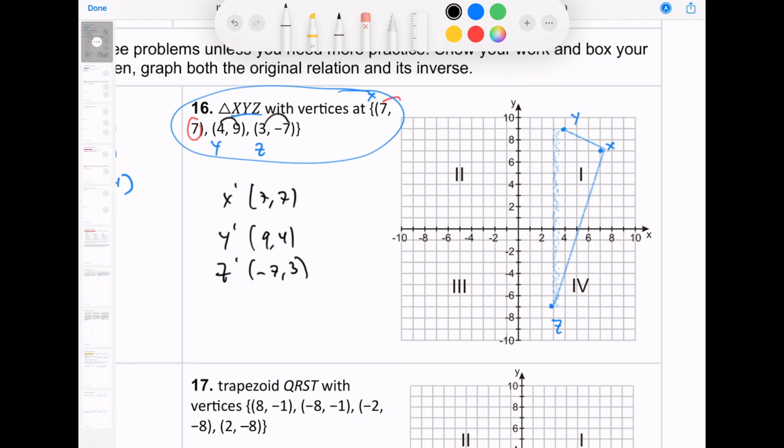Right 7, up 7. So that is X prime. Y prime is 9, 4. Right 9, up 4. And then Z prime is -7, up 3. Go ahead and graph this.